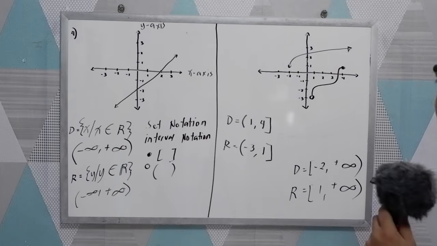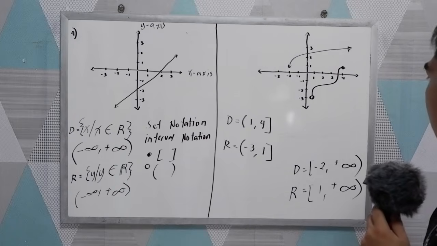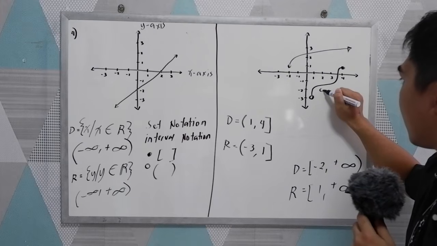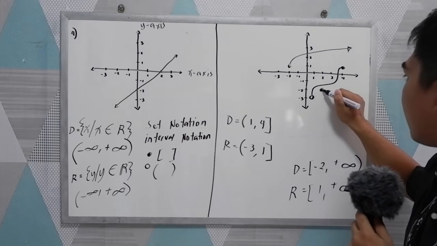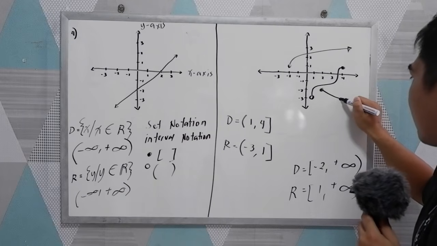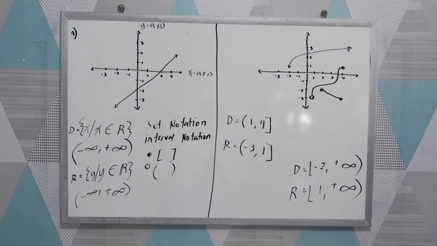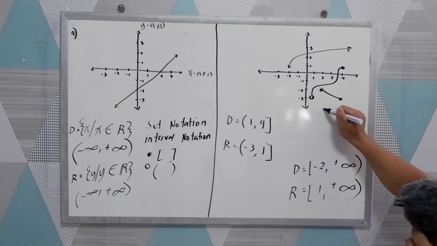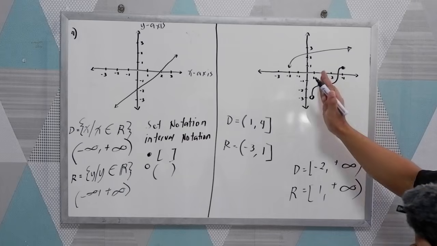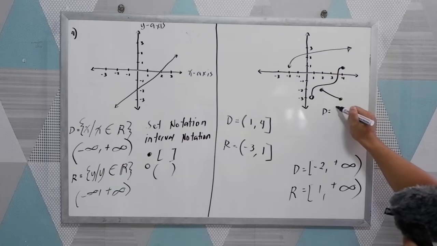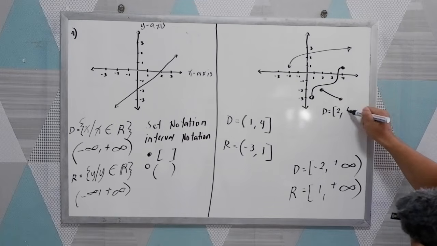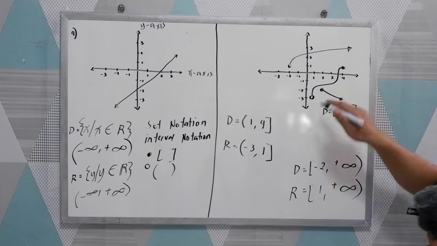Last, let's say we have a graph like this one. Shaded, then shaded. In this case, for our domain, we have for the x, 2 is included, so 2, then 4 also included.